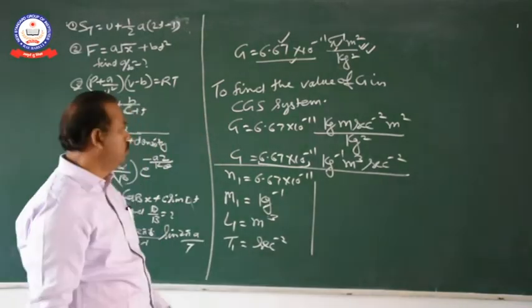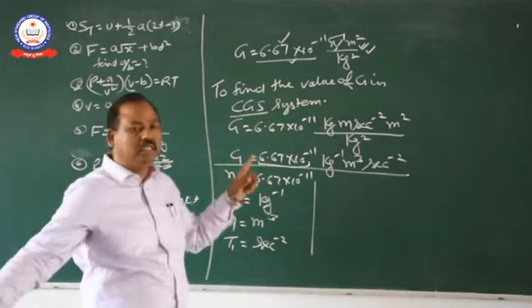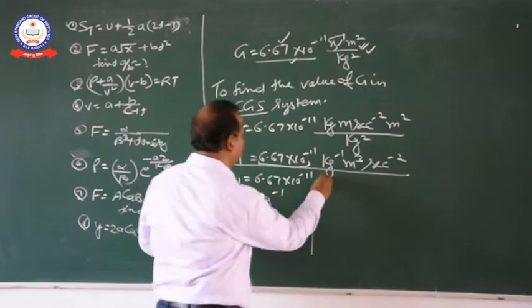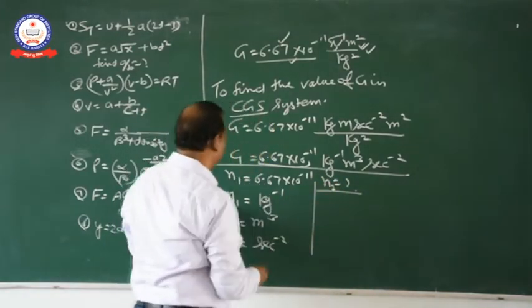To find the value of G in CGS system, N2 is required.